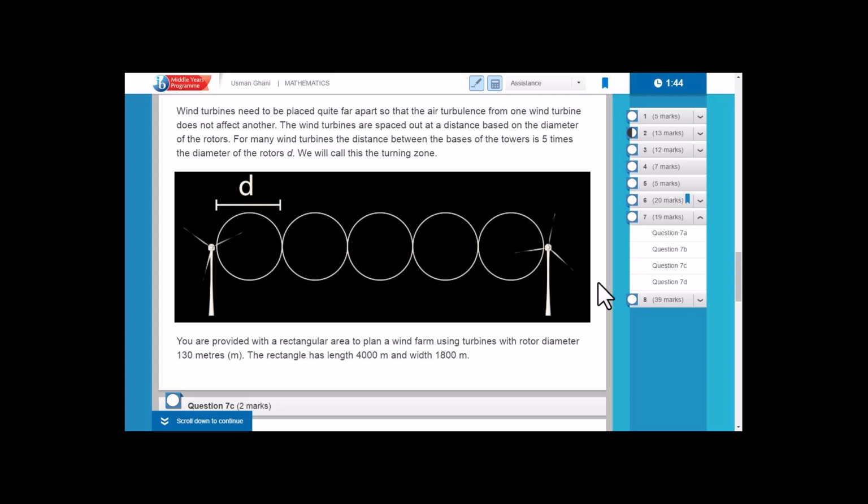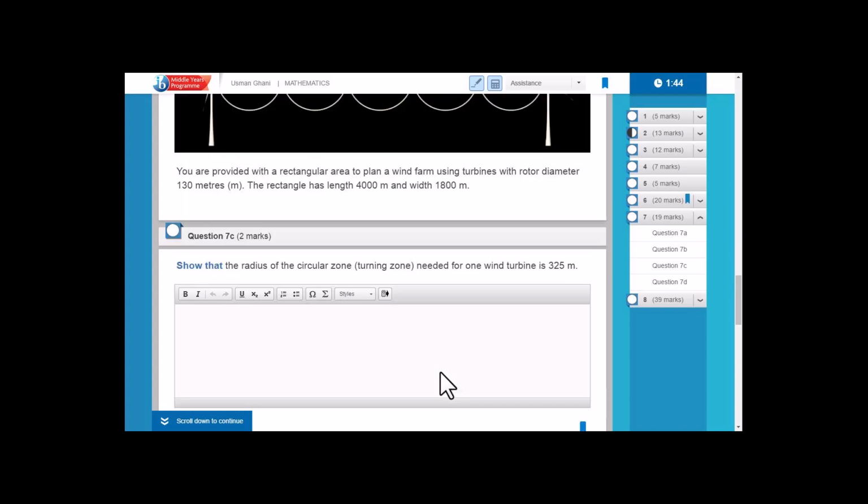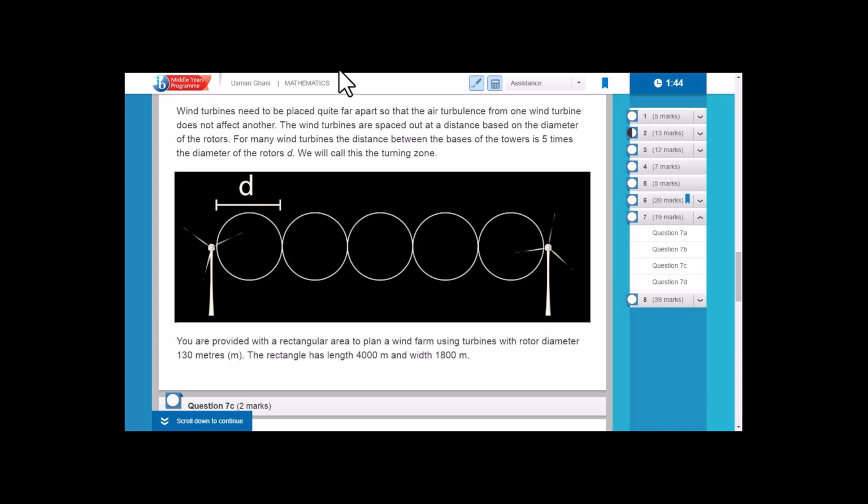So obviously to find the radius of the circular zone or the turning zone needed for one wind turbine is 325. Come back to this diagram. For two windmills, this is a gap of 5 circles. Let's imagine one windmill needs half of this distance.